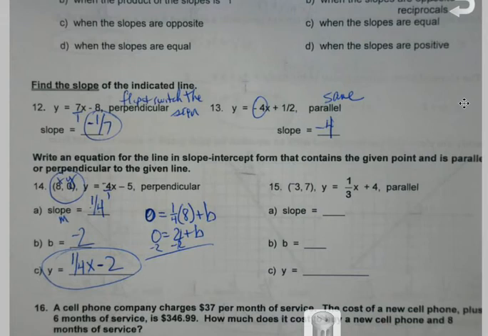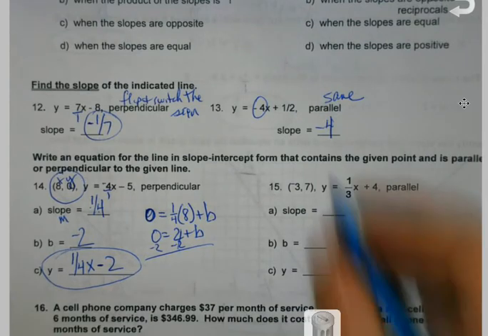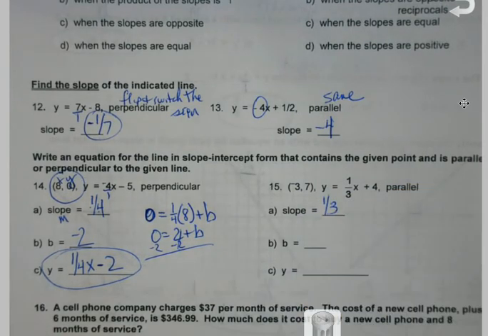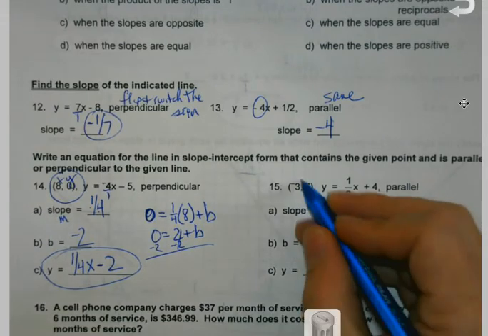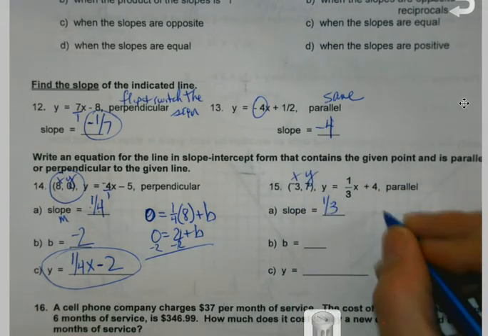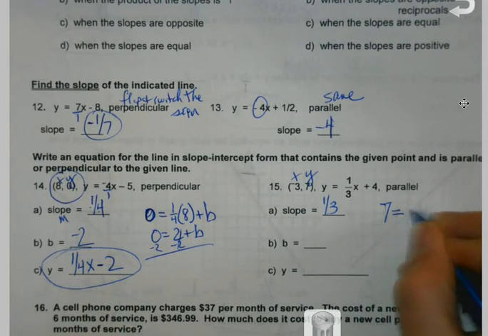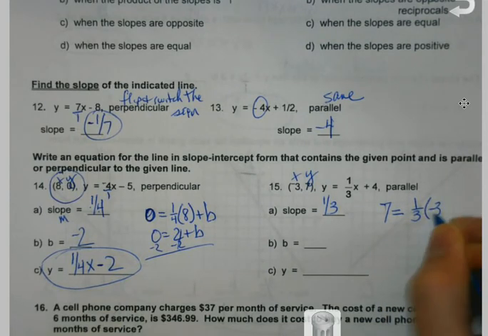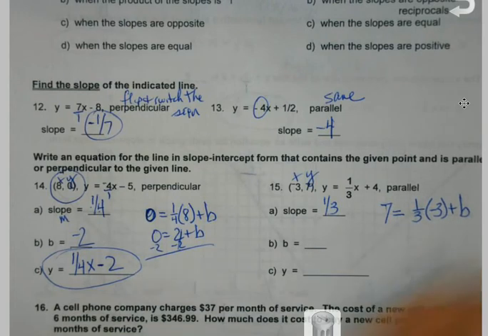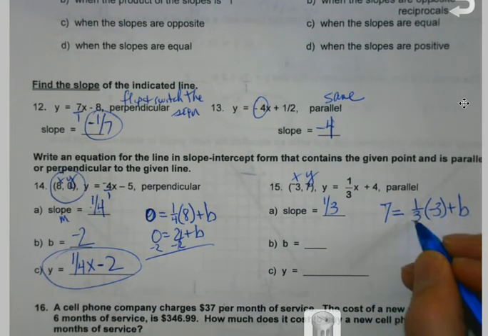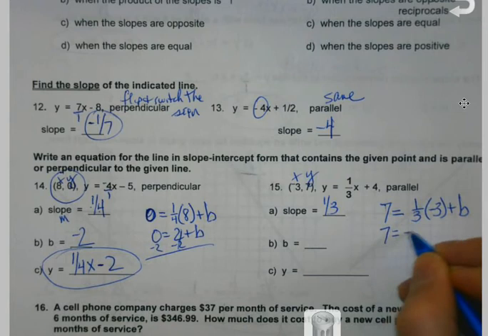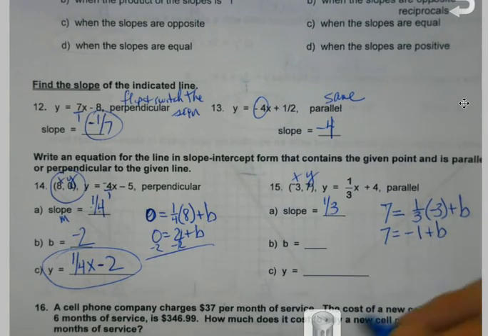And then the only difference on 15 will be, since it says parallel, I just keep the slope. Don't flip it and change the sign. That's only when it's perpendicular. And then again, here's my x and y. So y equals mx plus b. -3 times a third would be -1.